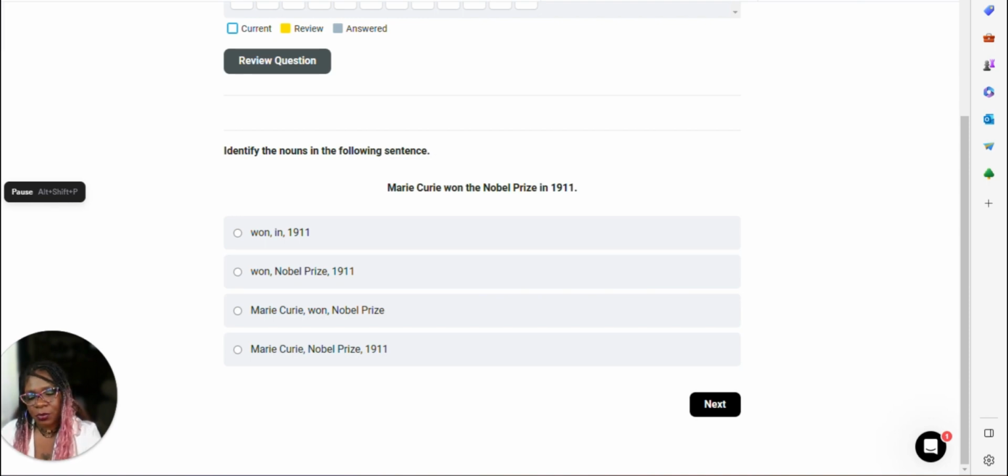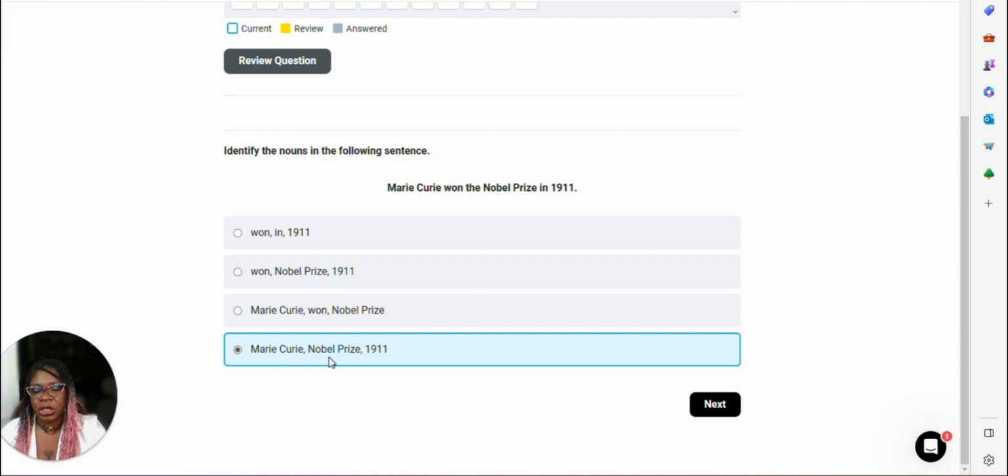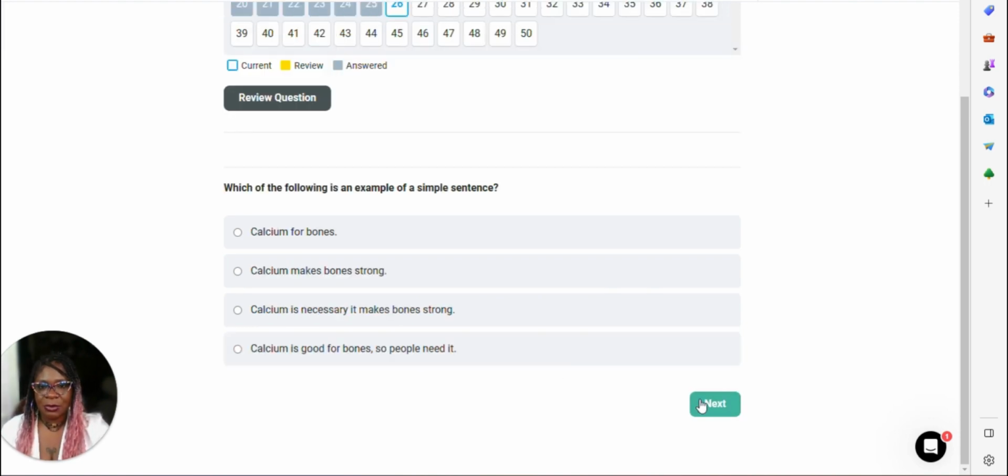So your answer that has all the nouns in the sentence is selection number 4, which is Marie Curie, Nobel Prize, in 1911. Those are all nouns. I know it may not seem like it, but yes, 1911 is a thing. It's a year, and a year is a thing, right? So let's move on to question 26.